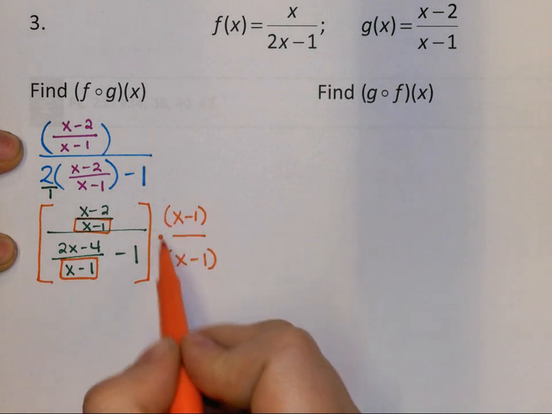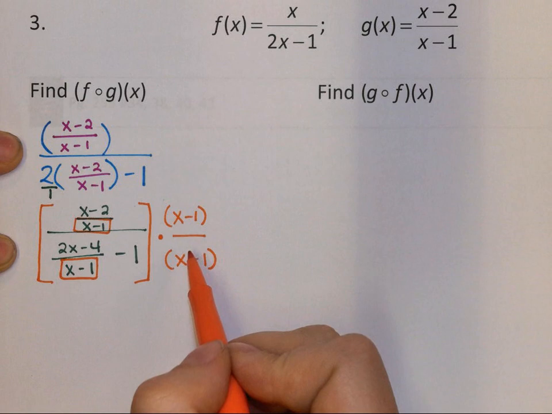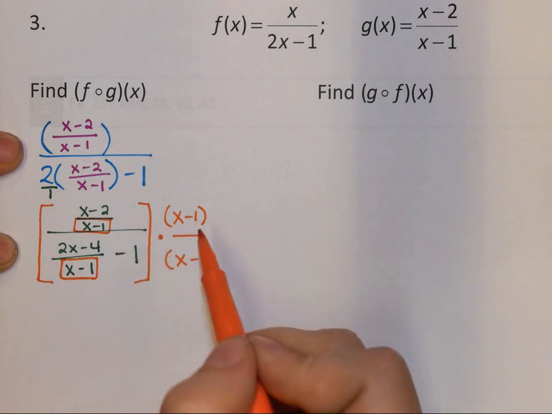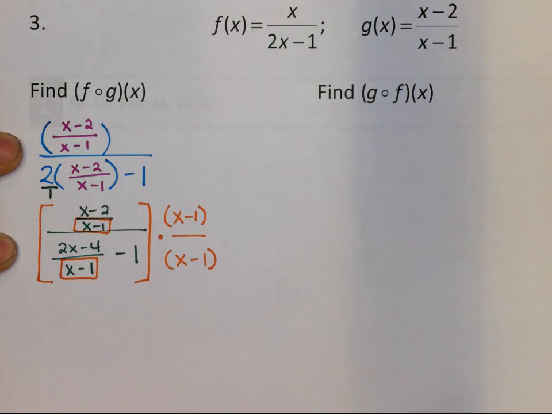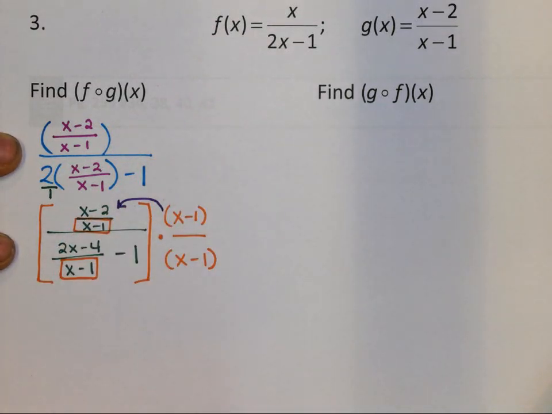Because what is this equal to? Something over itself is 1. So I'm not really changing its size, I'm just changing its appearance.